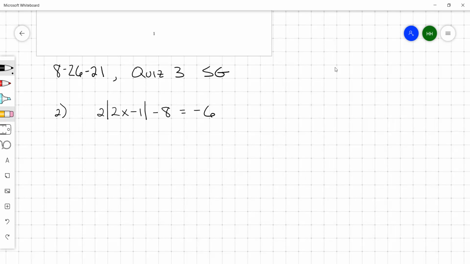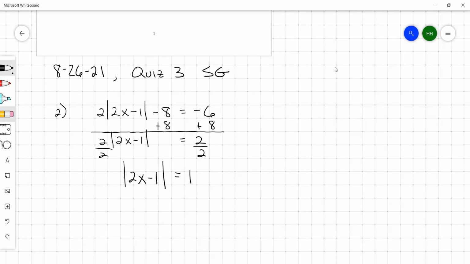So in this case, you would add 8 to each side. And you would get 2 times the absolute value of 2x minus 1 is equal to 2. And then you would divide both sides by 2. And you've got the absolute value of 2x minus 1 equal to 1.